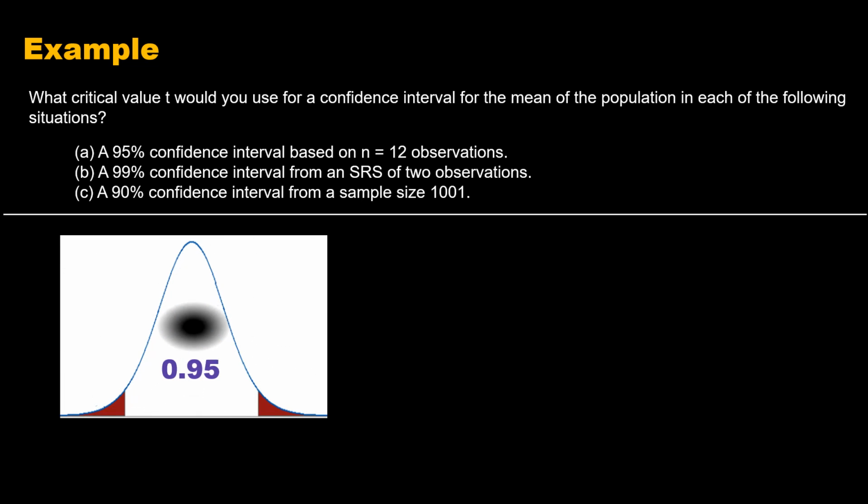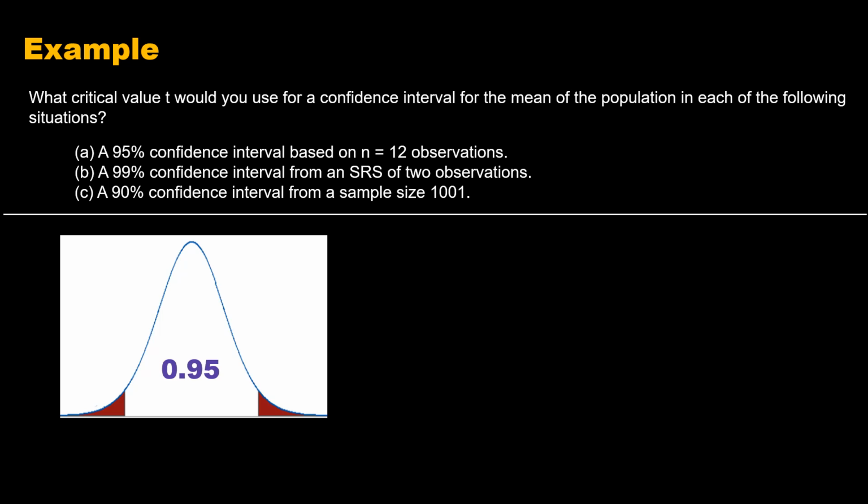Alright, now let me explain this example. What critical value T would you use for a confidence interval for the mean of the population in each of the following situations? First one, a 95% confidence interval based on n equals 12 observations.